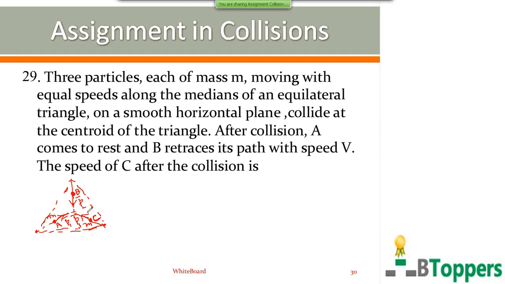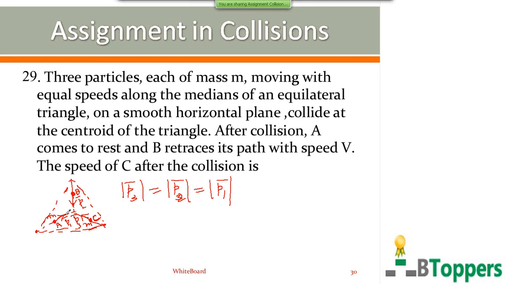P2 bar is the momentum of B before collision. P3 bar is the momentum of C before collision. The magnitudes of the momenta of the three particles before collision are the same because the three particles have the same mass m and they move with the same speed before the collision.